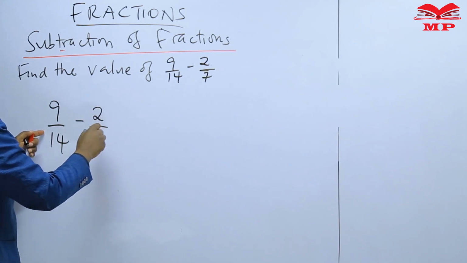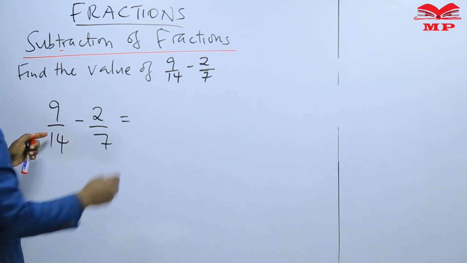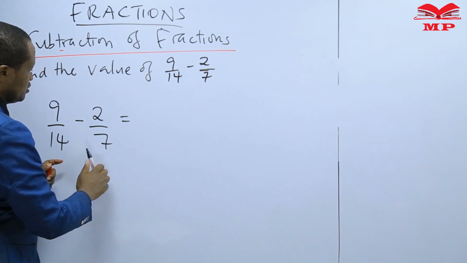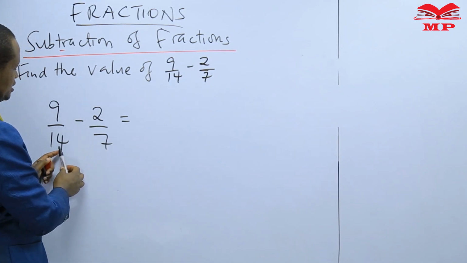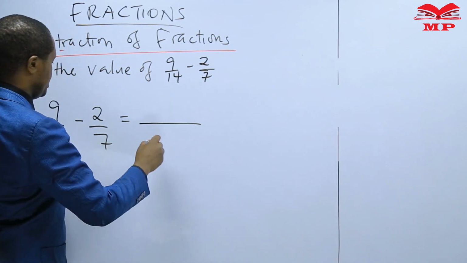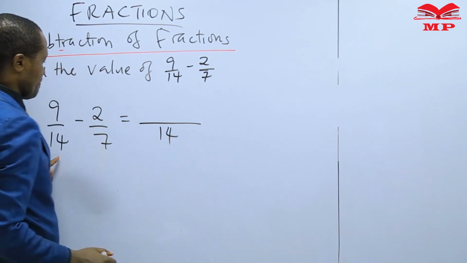We first find the LCM of the denominators, 14 and 7. The LCM here is 14.